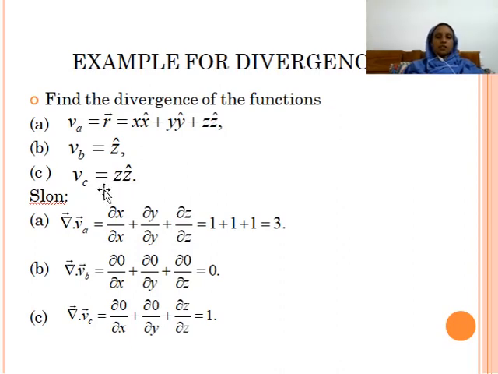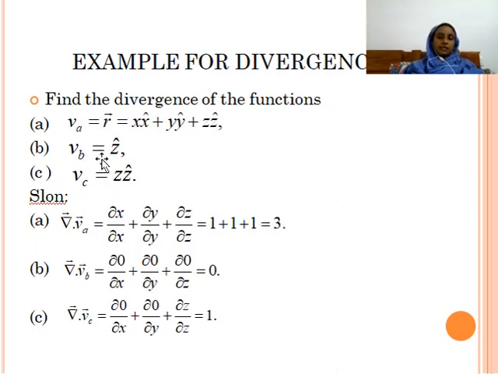So what happens if you find the divergence, del dot VA? Dou by dou x of x, the coefficient of x cap, it is x. So dou x by dou x plus dou y by dou y plus dou z by dou z gives you 1 plus 1 plus 1. So this gives you 3, right?